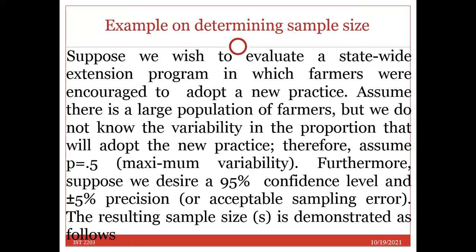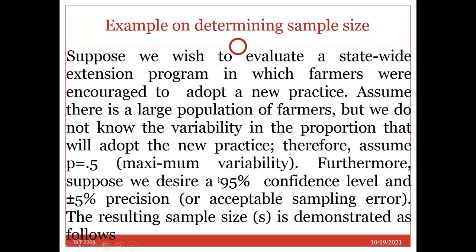Assume there's a large population of farmers, but we don't know the variability in the proportion that will adopt the new practice. There are so many farmers, we don't know how many will adopt it. Therefore, we assume a proportion P equal to 0.5, that is half, 50%.